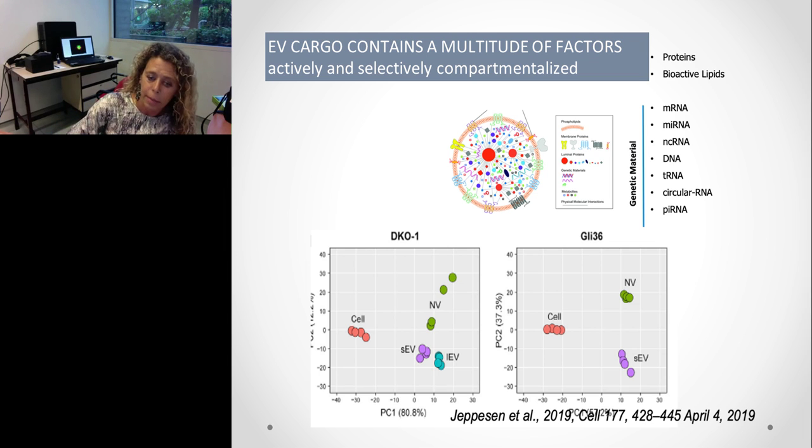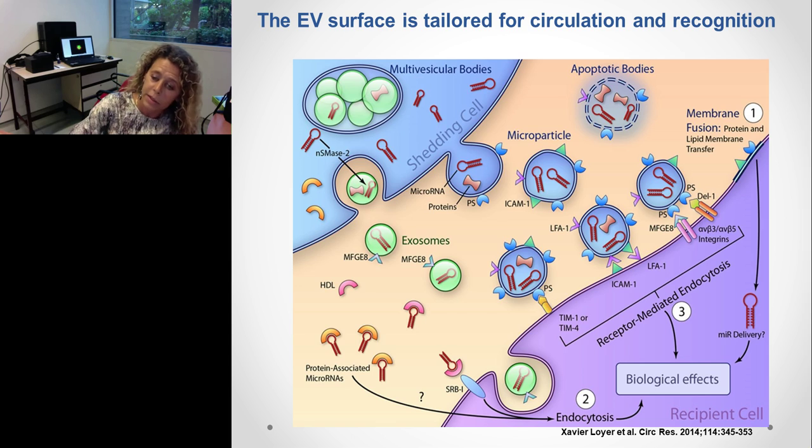So vesicles can be internalized within cells in different ways: endocytosed, receptor-dependent endocytosed, fused with the membrane, or through clathrin-dependent endocytosis, and when they release the content, they might have their biological effect.